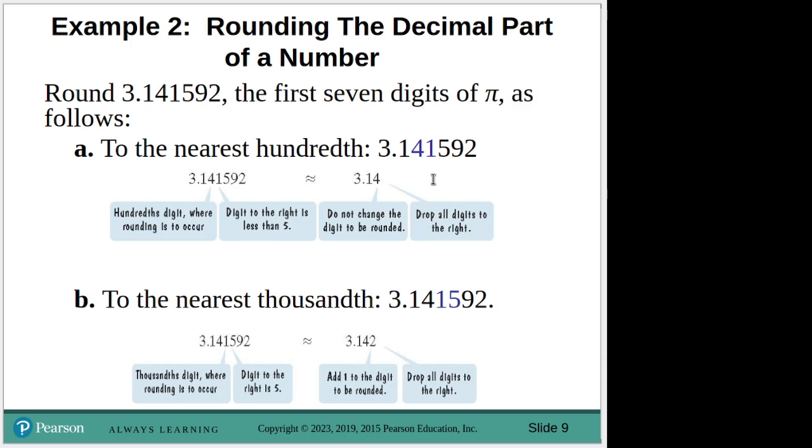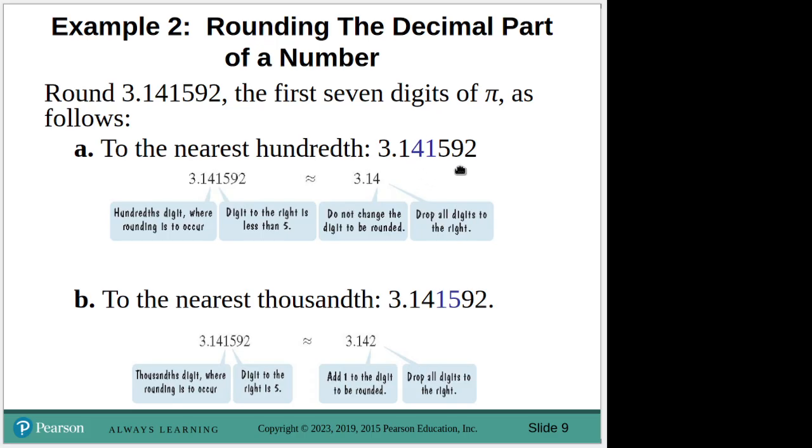We can do the same thing with decimals. Because larger values go to the left and smaller values go to the right, it's still the same process. We look at the number in the place. So I want to round pi to the nearest 100th. So I go to the 100th place.